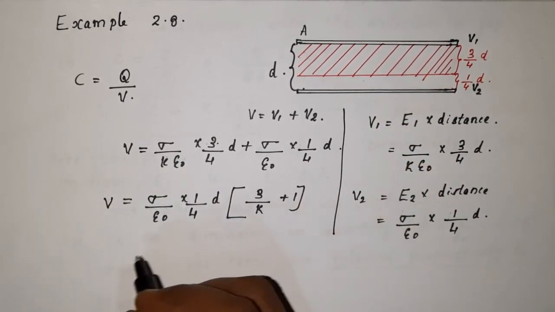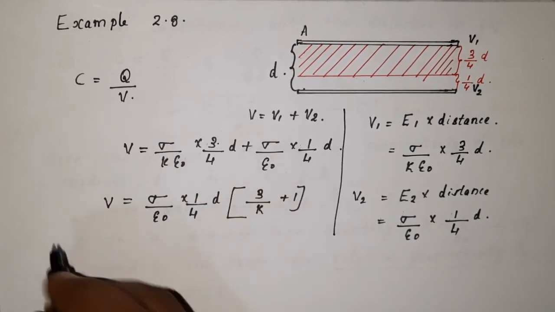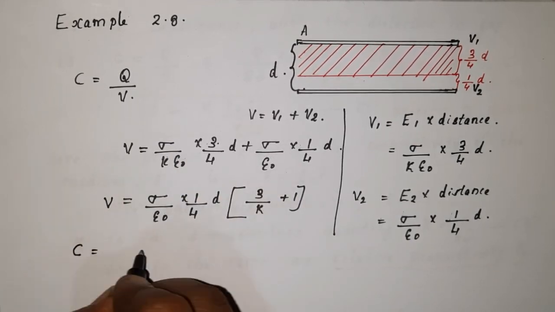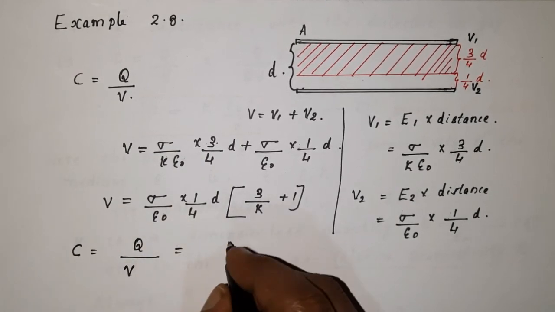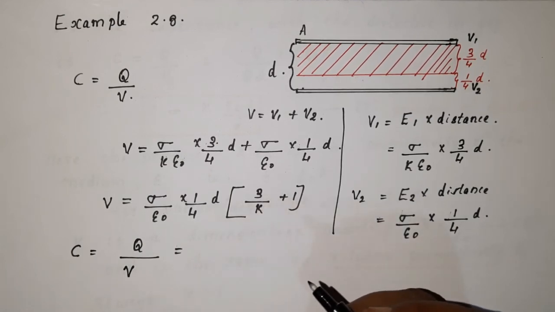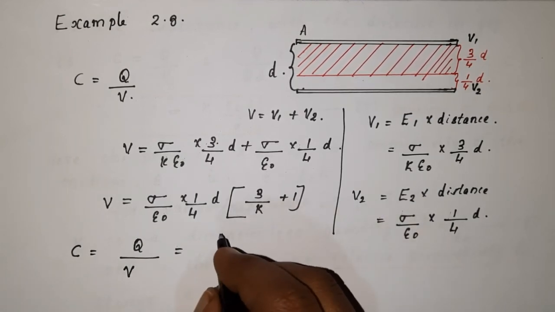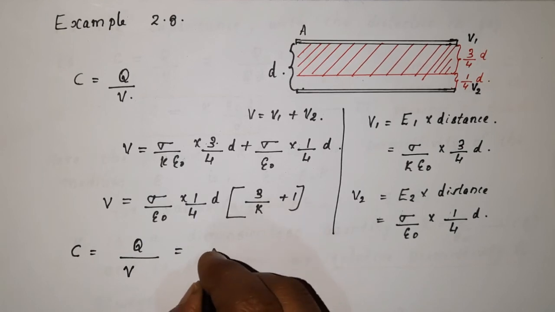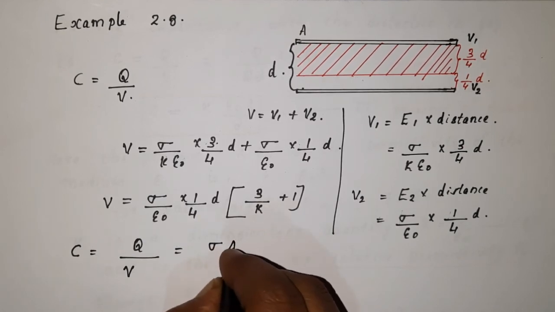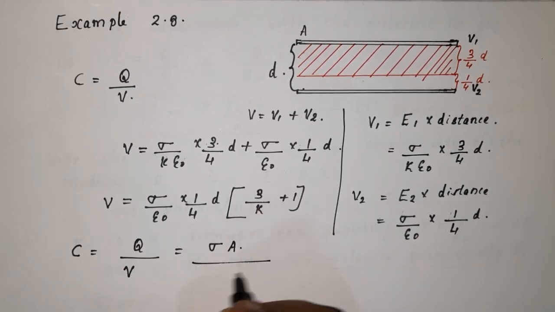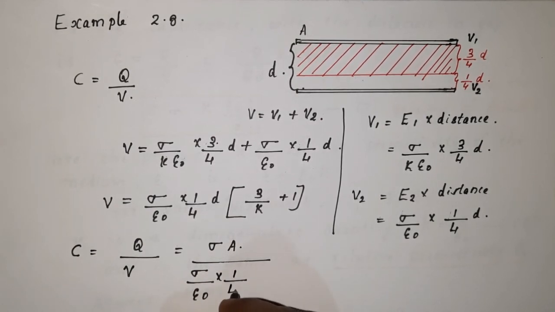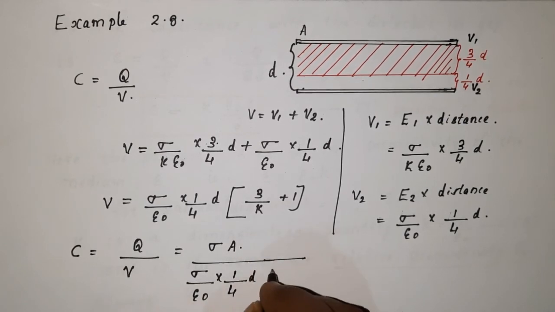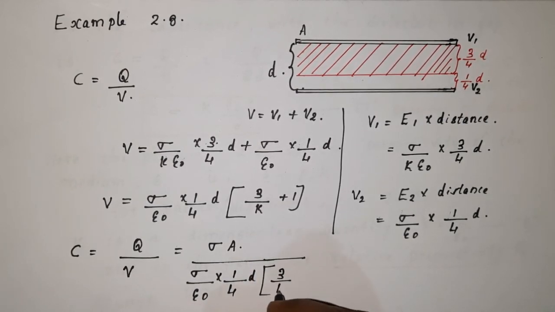Now what we want is capacitance. Capacitance C is equal to Q by V, but what is this Q? Q is the same as sigma A. That is sigma A divided by sigma by epsilon 0 into 1/4 D into 3 by K plus 1.